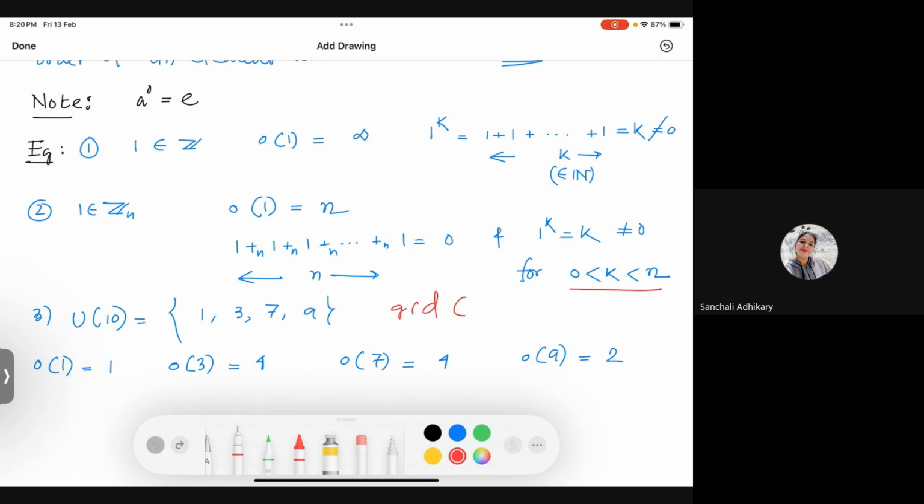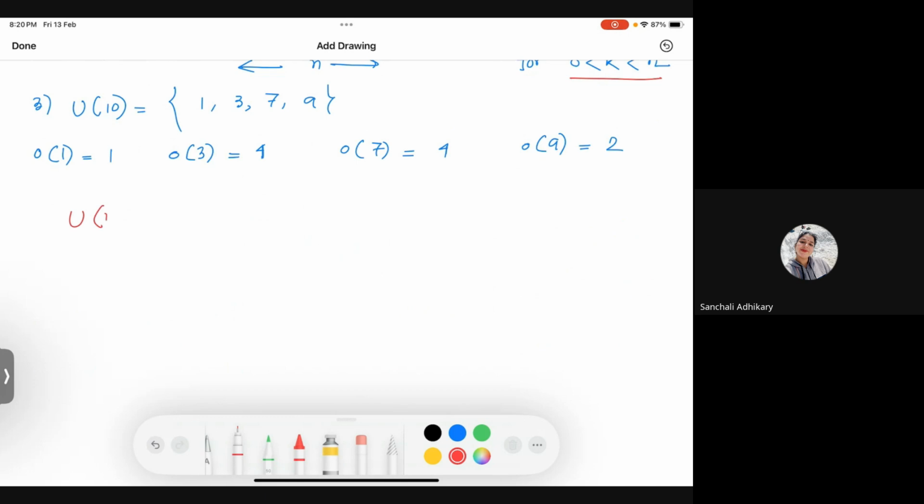So I am asking what is the order of 1? What is the GCD of 1 and 10? What is U10?